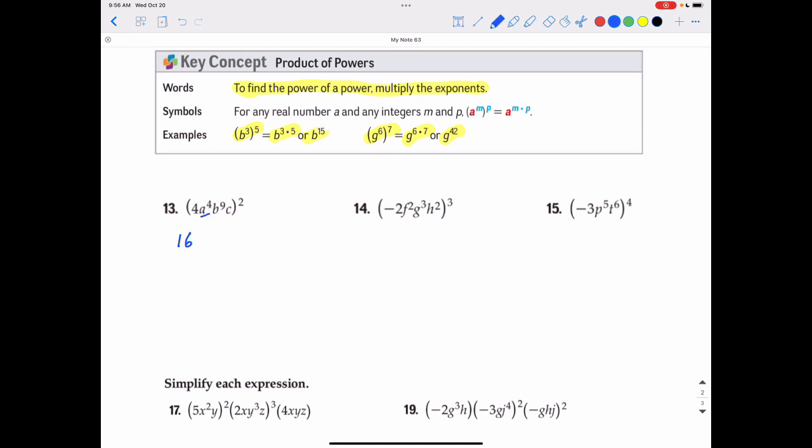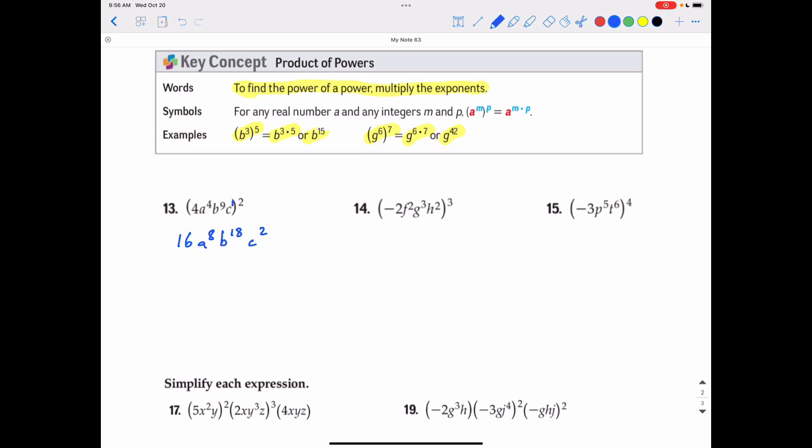So a to the 4th to the 2nd would be a to the 8th. B to the 9th to the 2nd, 9 times 2 is 18, so that's b to the 18th. And then the last one would be c, and there is a first power there, remember, so it's c to the 1st to the 2nd, and 1 times 2 is 2. So the answer would be 16, a to the 8th, b to the 18th, c to the 2nd.